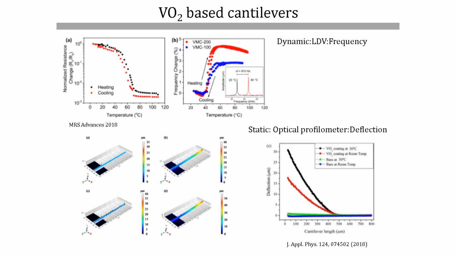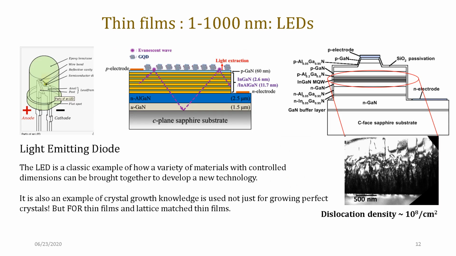It can be used for strain gauges and in multiple things. So fabrication of materials is very important for newer technology, for newer materials development, and to make newer devices.